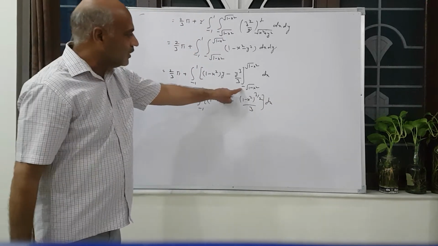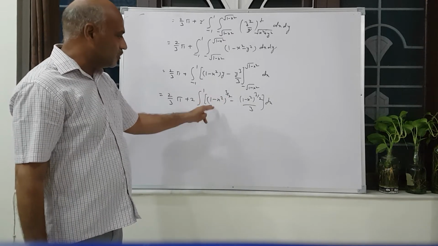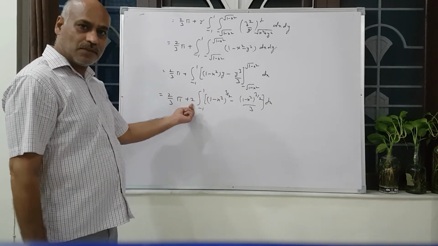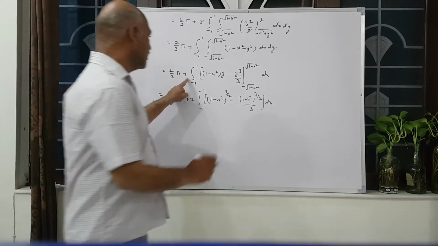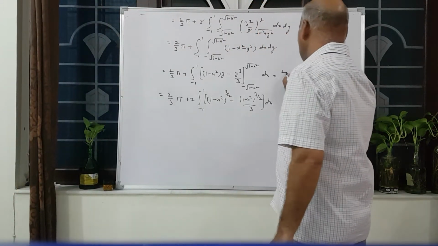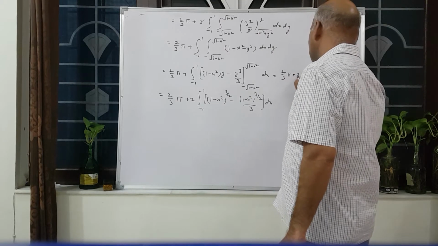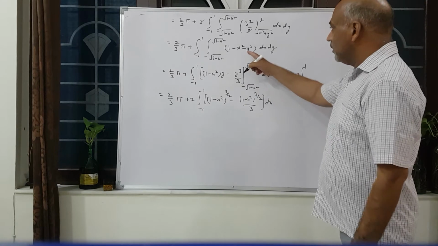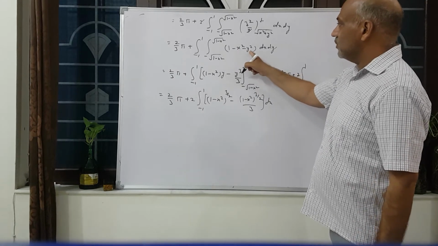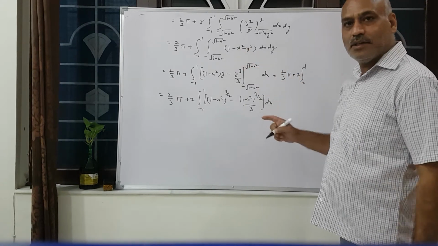If we use this one, minus minus becomes plus, so it becomes 2. So we make it twice, or you can multiply by 2. You can write here 2 upon 3 pi plus 2, from 0 to 1, because y square is even.